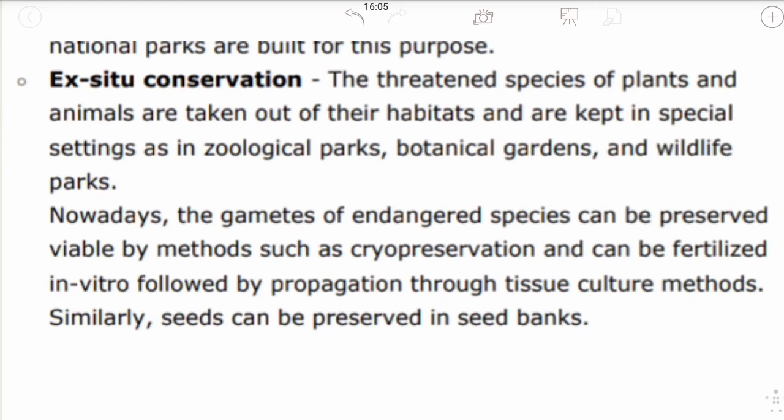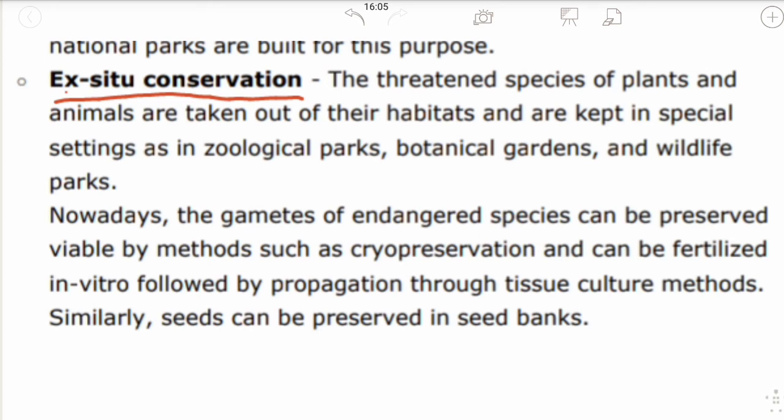The second method of conservation of biodiversity is ex situ conservation. In ex situ conservation, basically the threatened plants and animals are taken out of the natural habitat and placed in a special place where they can be protected. Here the threatened plants and animals refer to those which may hurt you or may kill you.